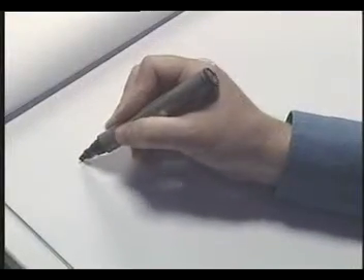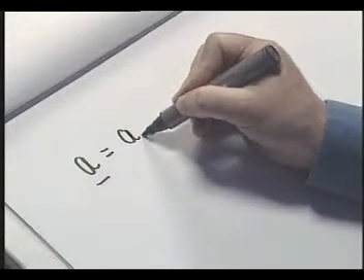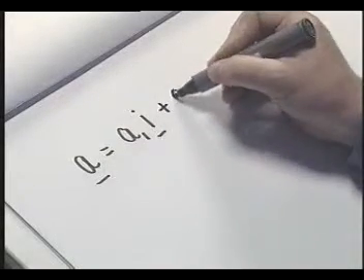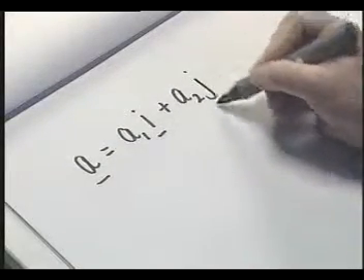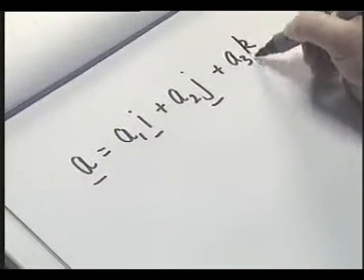Now I want to use those results about the dot products of those unit vectors to find a way to calculate the dot product of two arbitrary vectors that are given in Cartesian form. So let's choose two arbitrary vectors. Let's suppose the first one is a1 i plus a2 j plus a3 k.